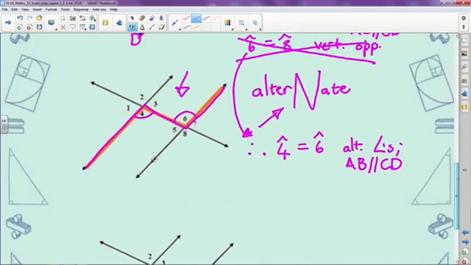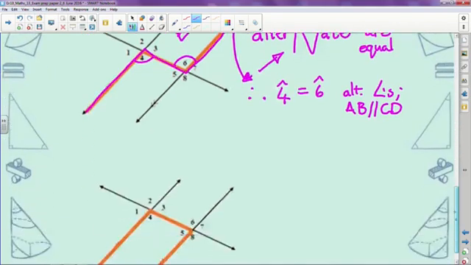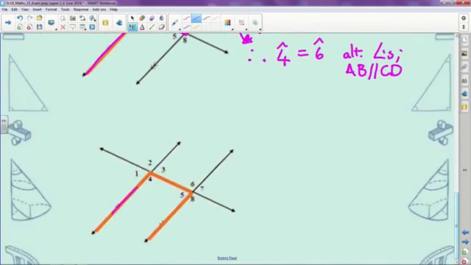Now, if alternate angles are equal and corresponding angles are equal, then co-interior angles with the C shape are the ones that are supplementary. And look how I write co-interior. So once again, I'm using the shape of the word co-interior to help me remember what shape I'm looking for.